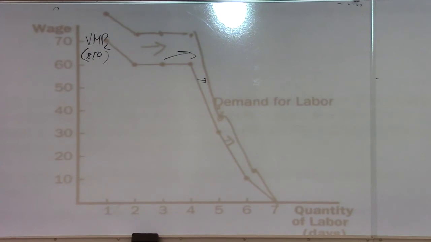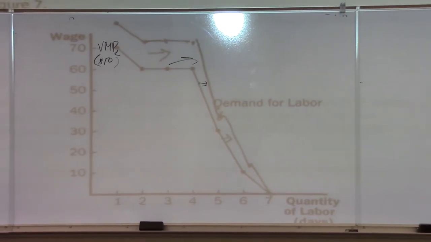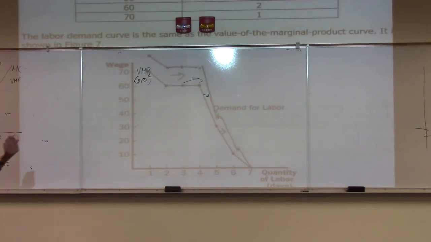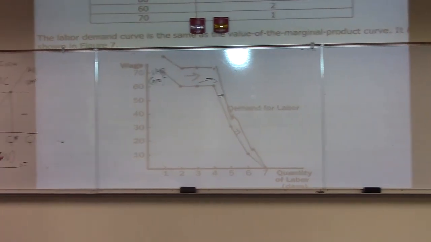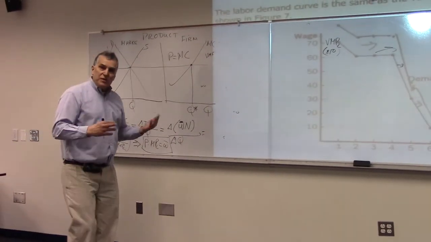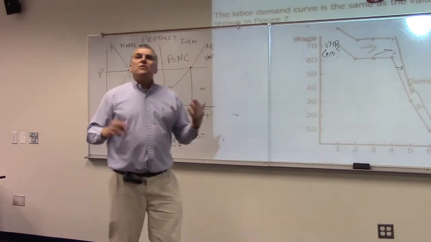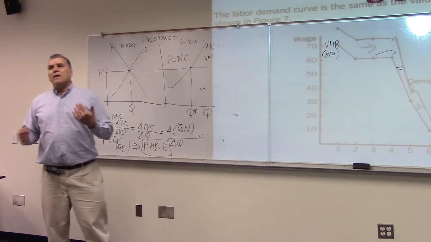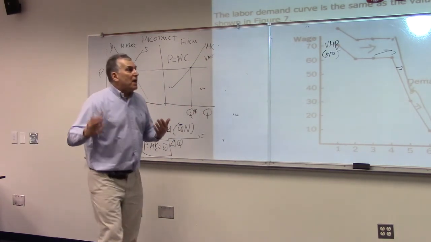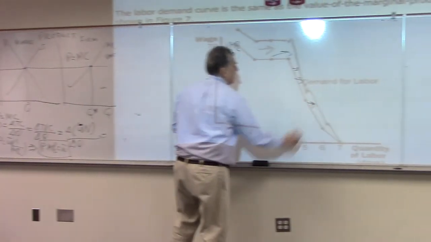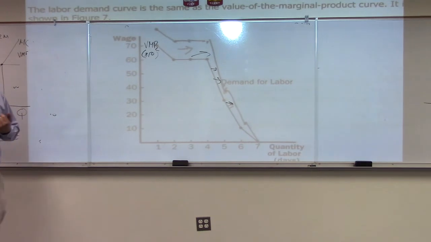Meaning, the same productivity of labor sells for a higher price, the firm is making a higher profit, and every unit of labor hired is now more valuable because what it's producing is selling at a higher price. So essentially if a firm can sell its output at a higher price, the demand for labor goes up and shifts to the right. That's how you show the shift.